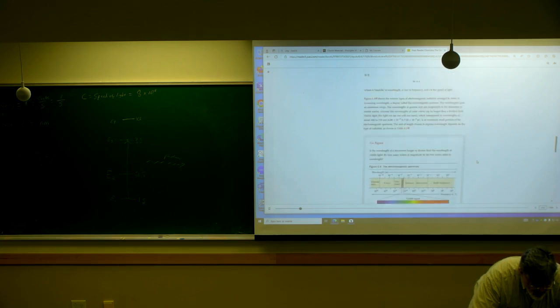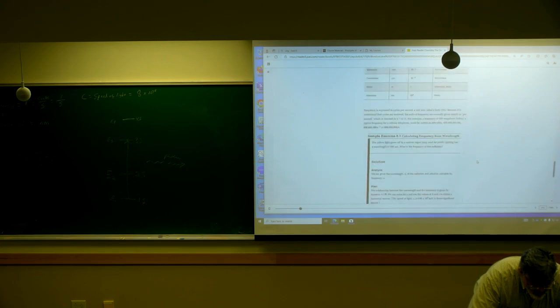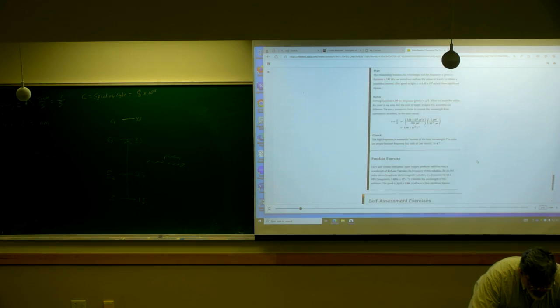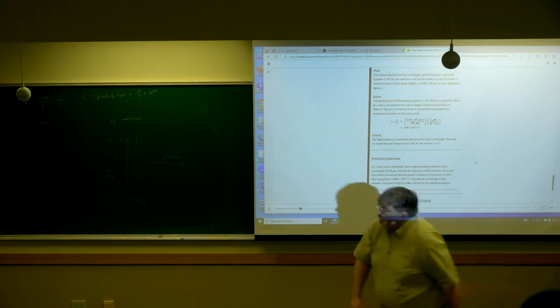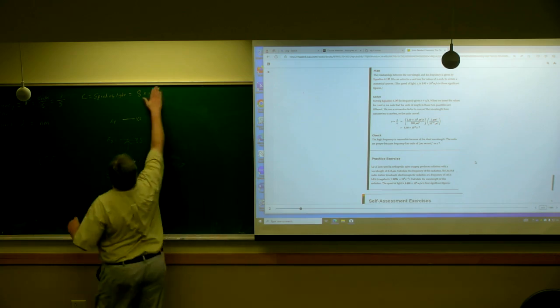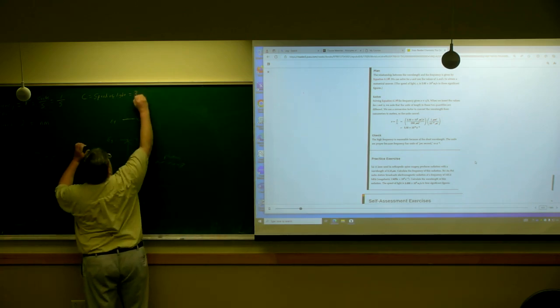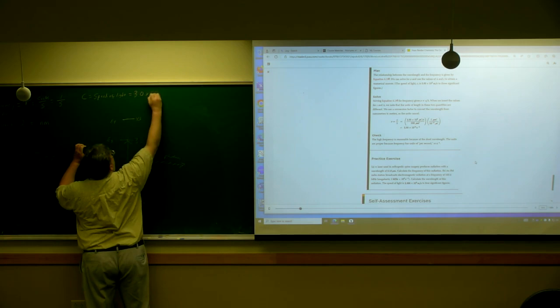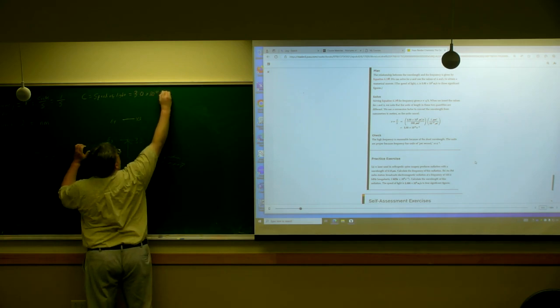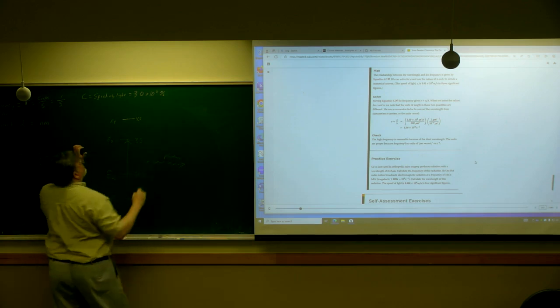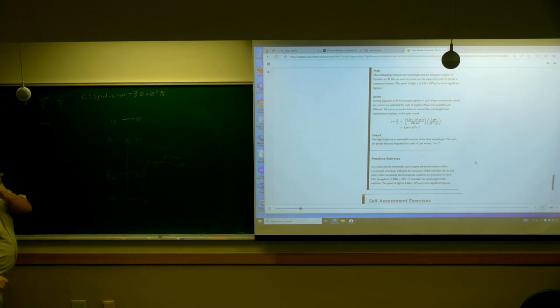Gotta have it somewhere. Okay. They will use meters per second. So that's a constant that we'll use in our equations.